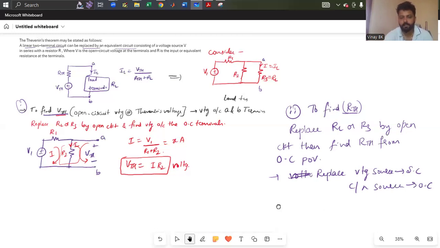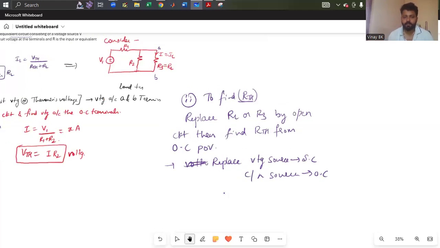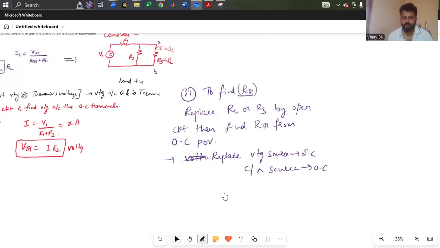In that circuit diagram, you need to replace that R3, or else RL, by open circuit. Replace V1 by short circuit. If there is a current source, open circuit. R1 as it is. Replace RL or R3 by open circuit, then find RTH from the open circuit point of view.